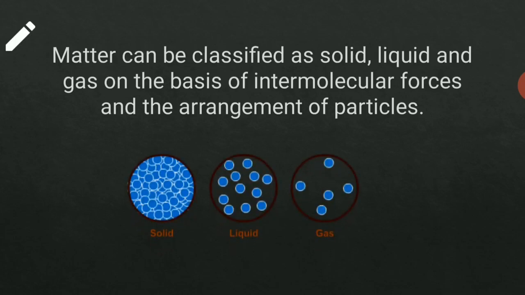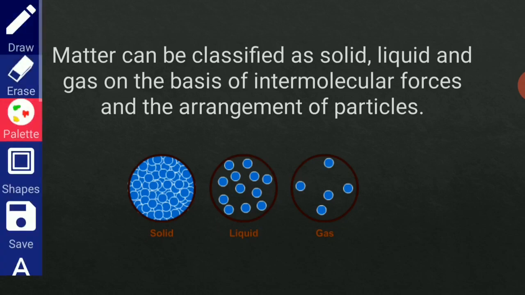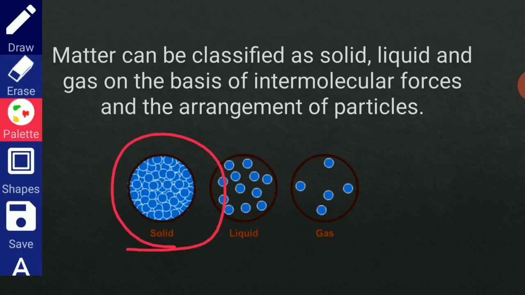As you can see in the picture, in solid, the particles are very close to each other, and thus we can say that the space between the particles is 0 or close to 0.